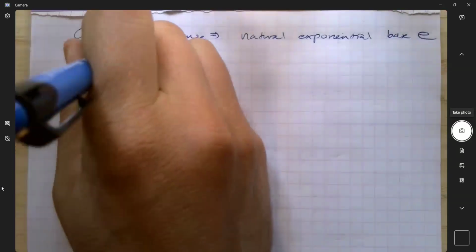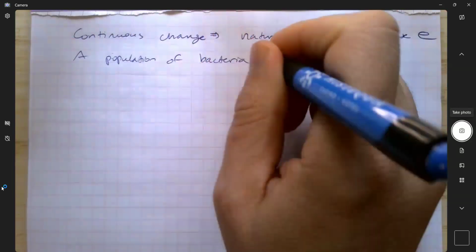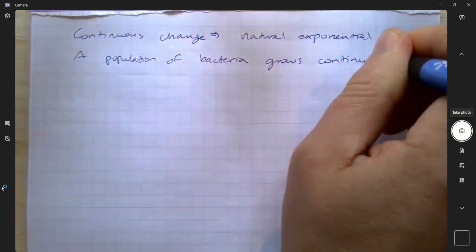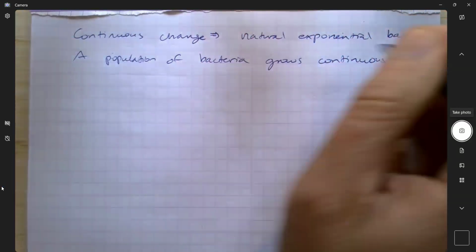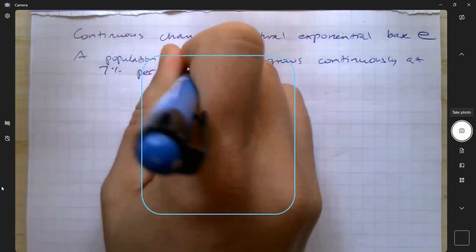So a population of bacteria grows continuously at 7% per hour.